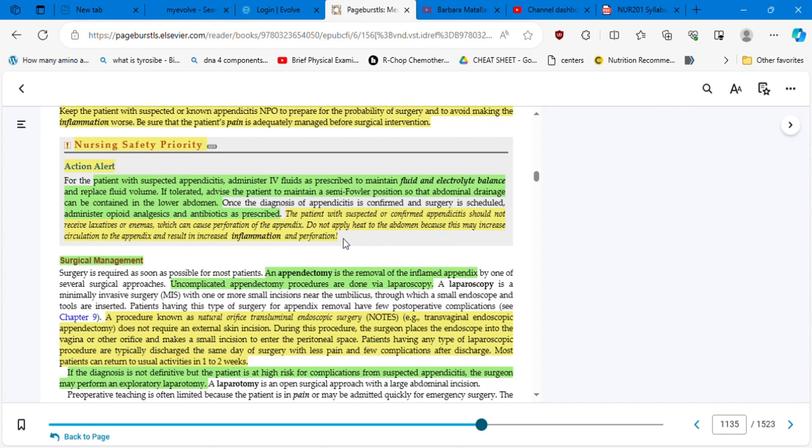Let me repeat it again. No enemas, no laxatives to avoid perforation of the appendix, no heat to the abdomen, because this may increase circulation to the appendix, and again, it can also result in inflammation and perforation.